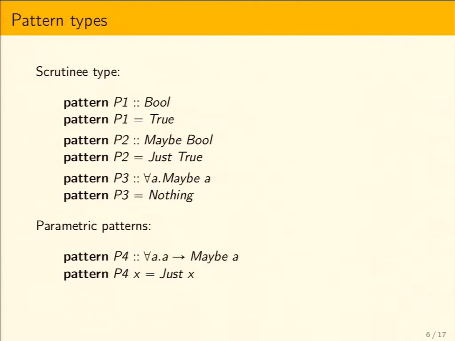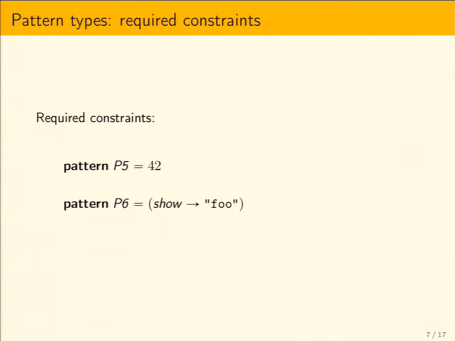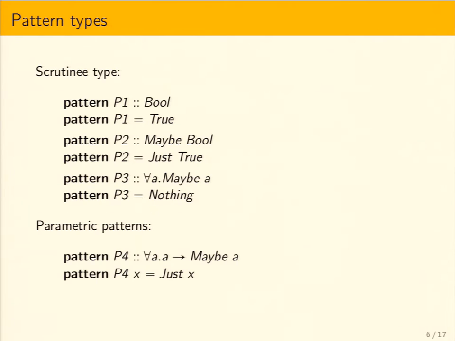We will use the function type syntax for this, so we will say that P4 has type A to Maybe A, for all A. Again, this means that given a pattern which matches things of type A, P4 of X will match values of type Maybe A.